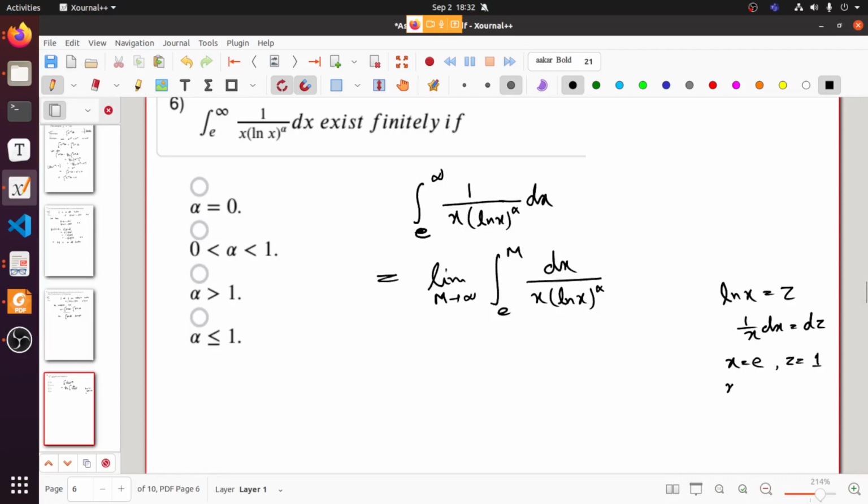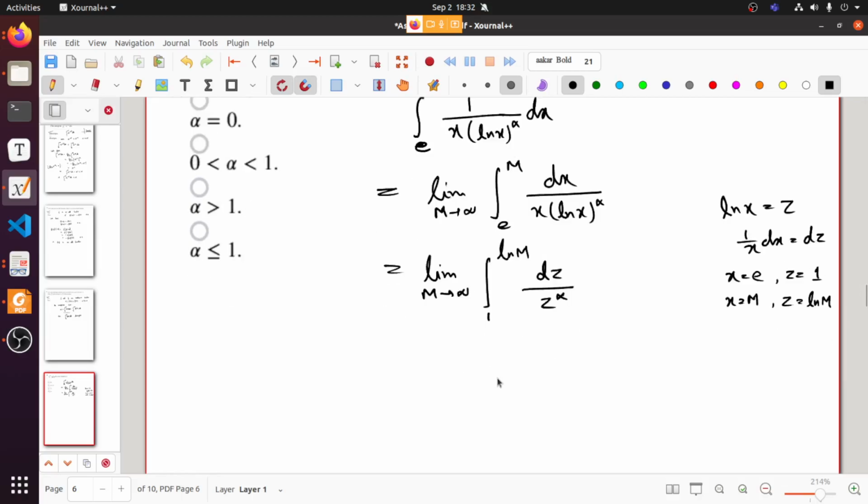And when x equals m, z becomes ln m. So put it here, then limit m tends to infinity, integral 1 to ln m, dz by z to the power alpha, right?